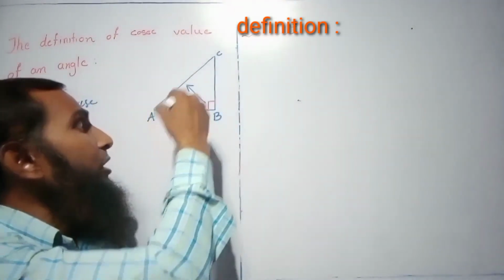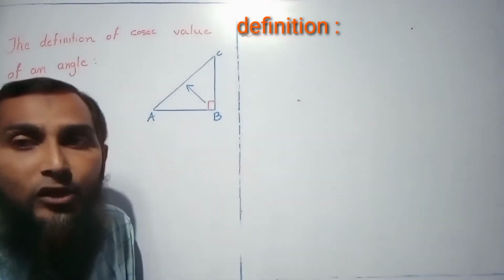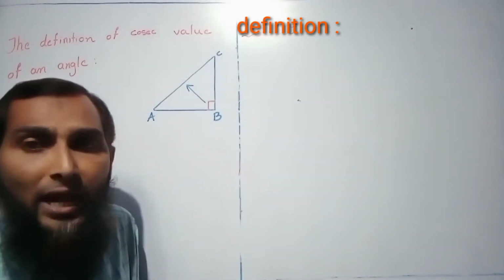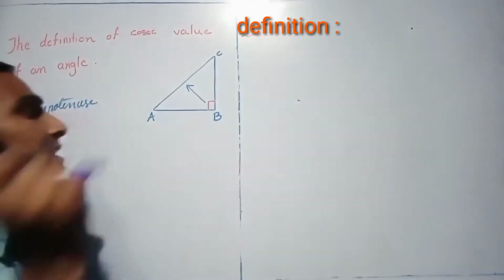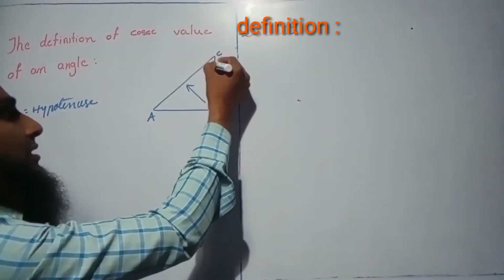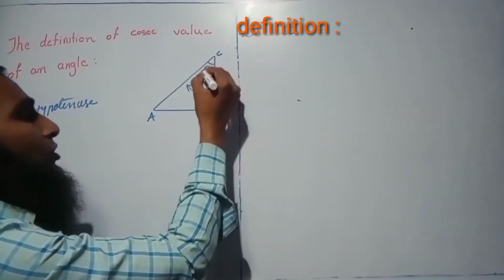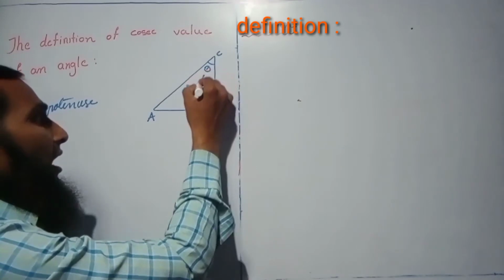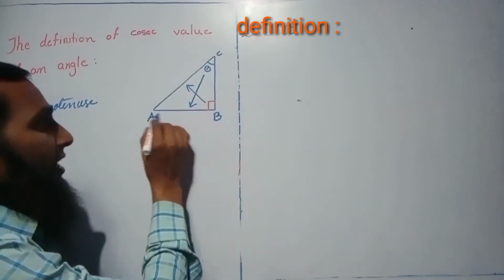The remaining two angles, angle A and angle C, are both acute angles. Between these two angles, I am going to select C as theta. What is the position of AB?